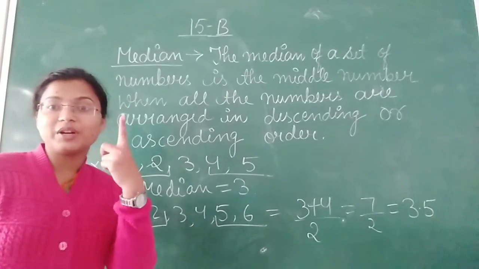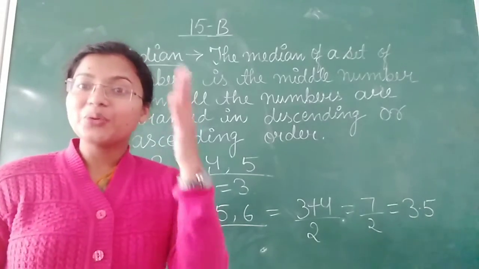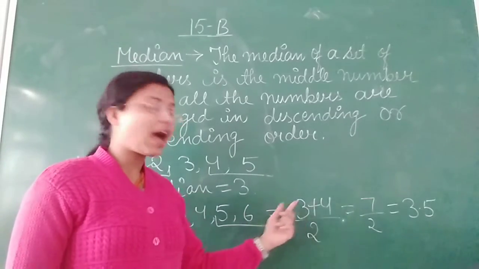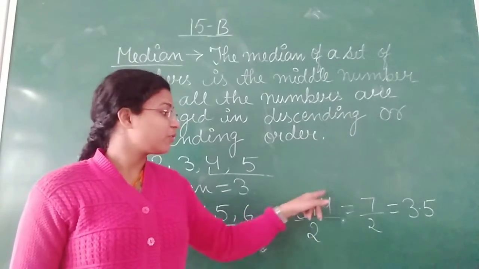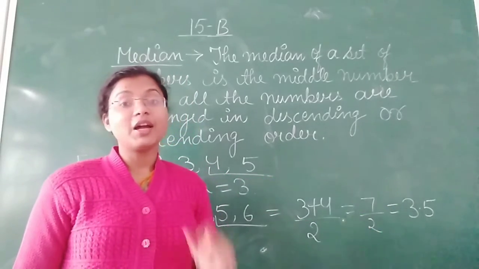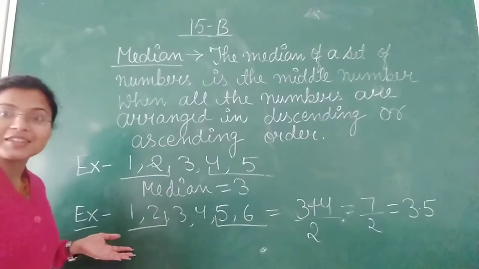But we want only 1 median. That means our median will lie between 3 and 4. How? We just add both of them and divide by 2. So 3 plus 4 gives 7 upon 2, which gives 3.5. Now don't get bothered that 3.5 is not present in our data.